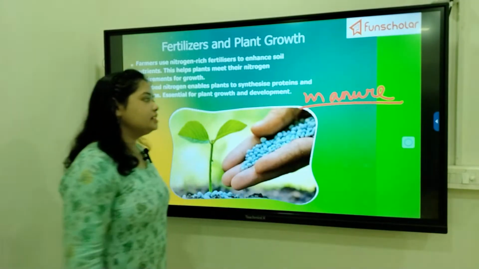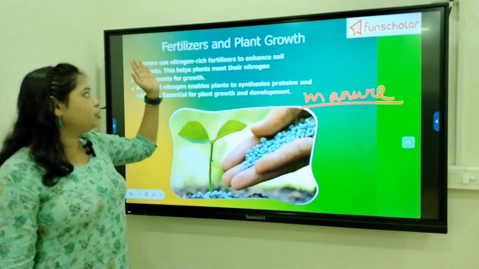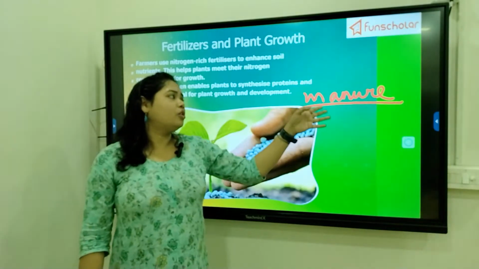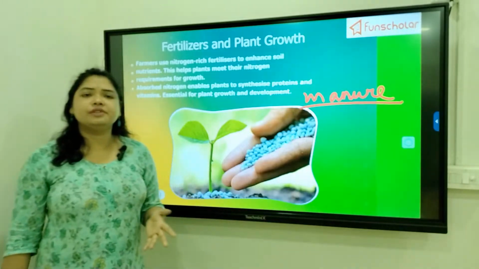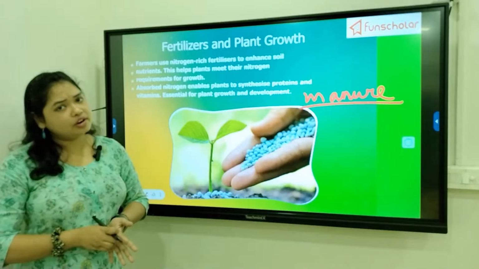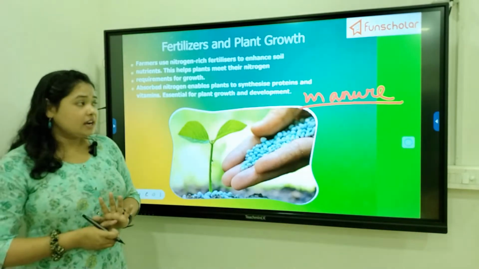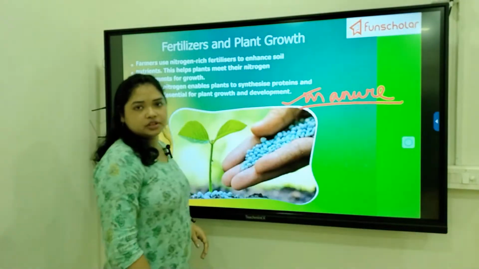Now what is the difference? The major difference is that fertilizer is chemically produced, synthetically produced, whatever you say, and manure is in an organic form. It is produced from the leftover vegetables, the rotten vegetables, the vegetable and fruit peels, from all the organic matter. Another major difference is that manure provides wholesome nutrition.